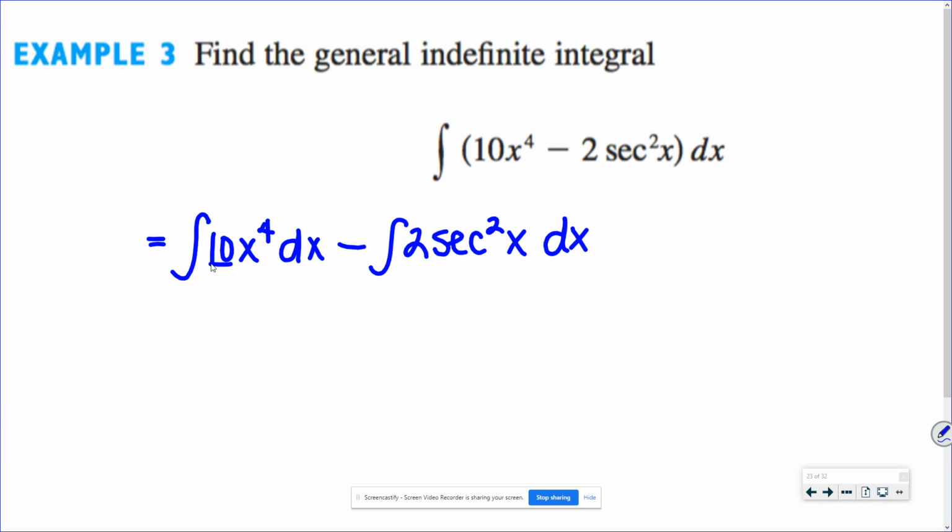I also am allowed to take any coefficient values and move them to the front of the integral. That allows me to focus on just the variables, or the trig expressions in this case.